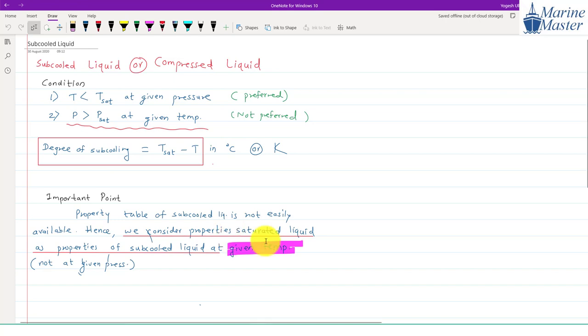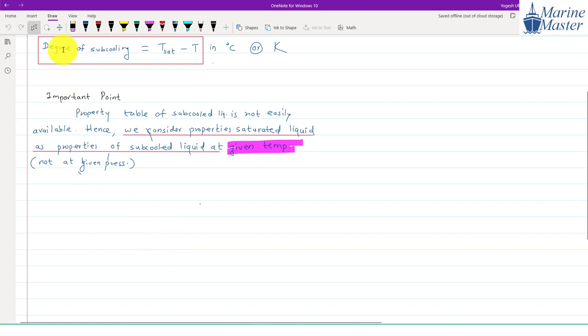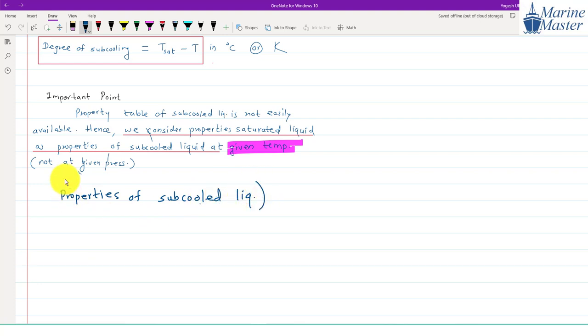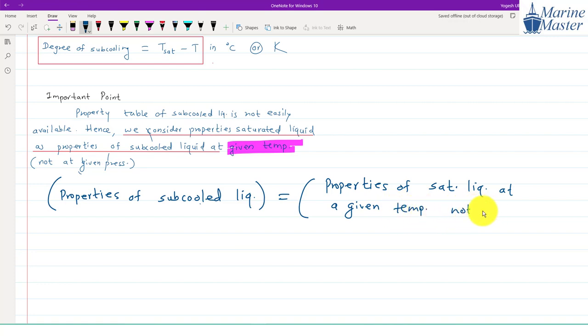If you remember our discussion, what have we written? See your notes. Properties of subcooled liquid will be equal to properties of saturated liquid at a given temperature, not at a given pressure.